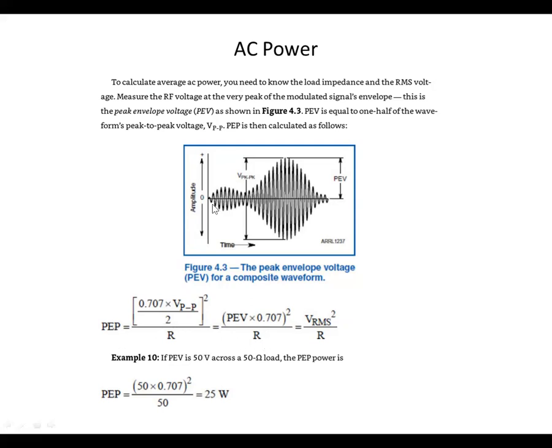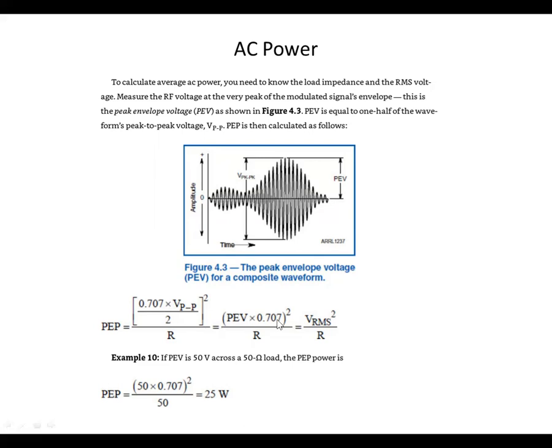So if this is a modulated AM signal, which it is, the peak envelope voltage for the waveform would be 0.707 times the volts from peak to peak, divided by 2, because if you're going from peak to peak, what you want is from 0 to the peak, and that's why you divide it by 2.